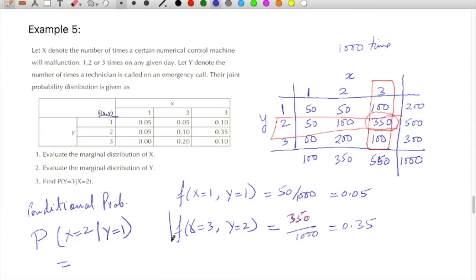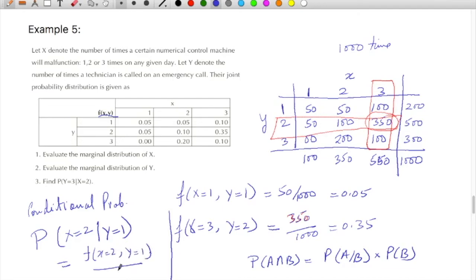Based on the formula, P of A and B is equal to probability of A given B multiplied by probability of B. So in such conditions, this will be the probability of x equal to 2 and y equal to 1, divided by the probability of getting y equal to 1.